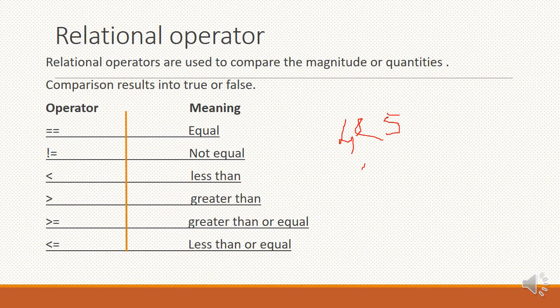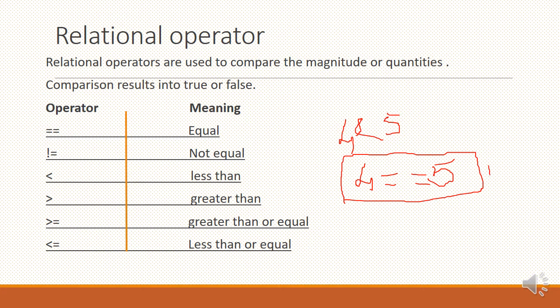Then how do you write it? 4 double equal to 5. Then in the C program, it is going to check whether 4 is equal to 5. If it is true, that means if it is correct, then it is going to give true. If it is false, then it is going to give false.